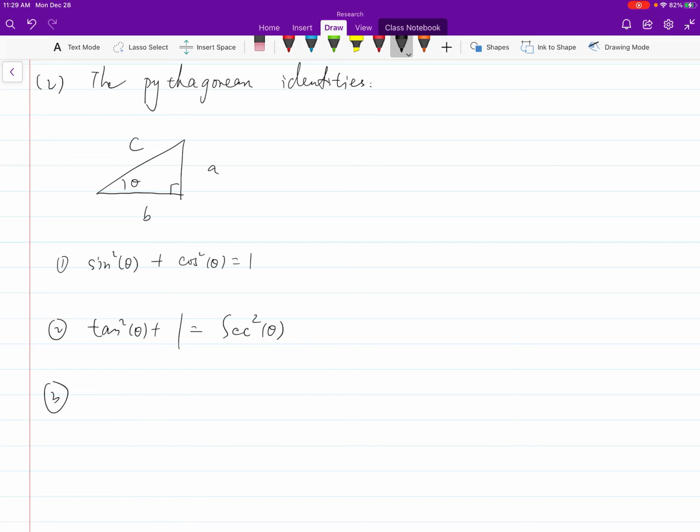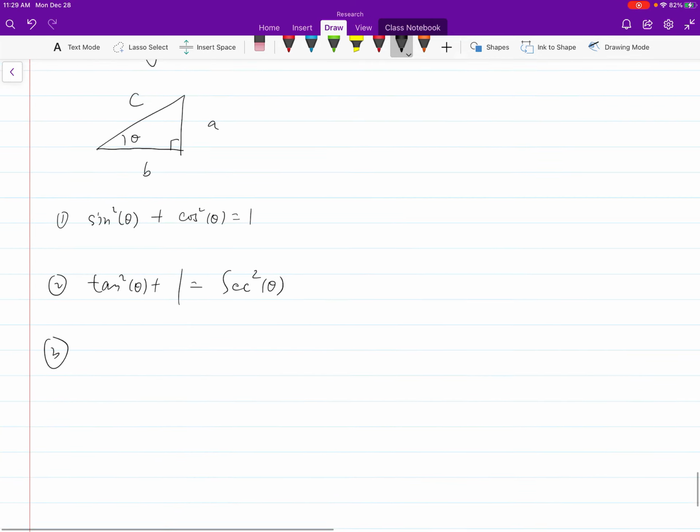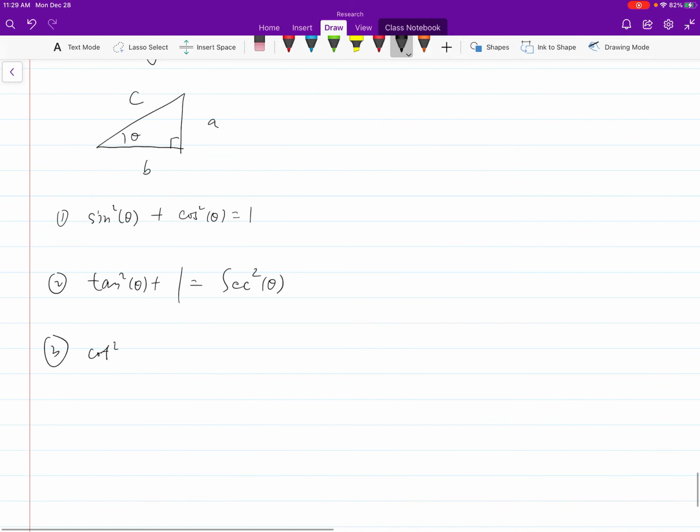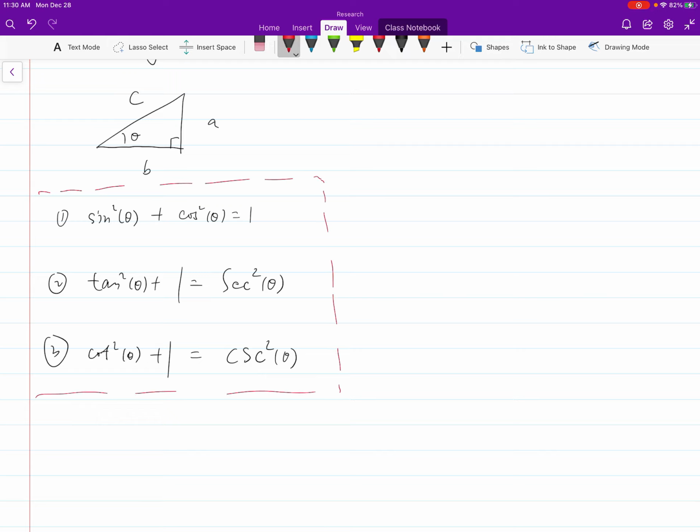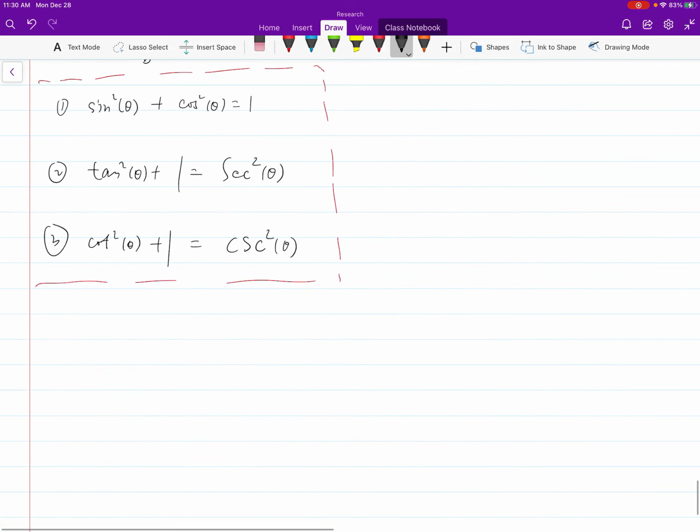The second, and the third. Memorize these 3, especially the first 2. They are very, very important.